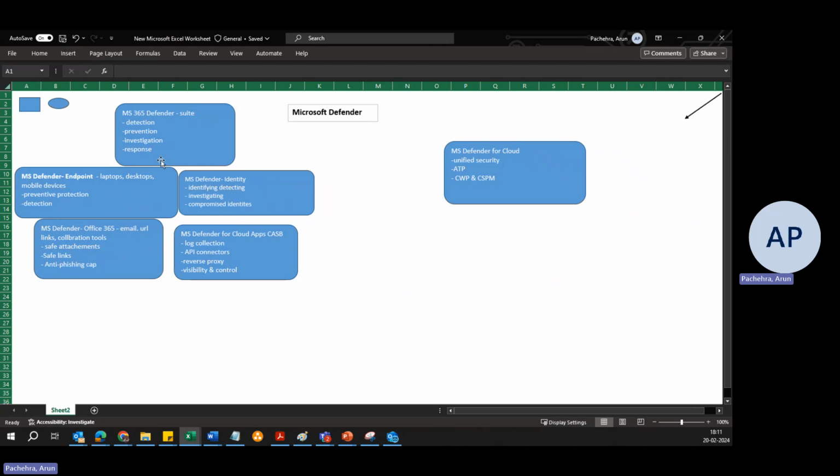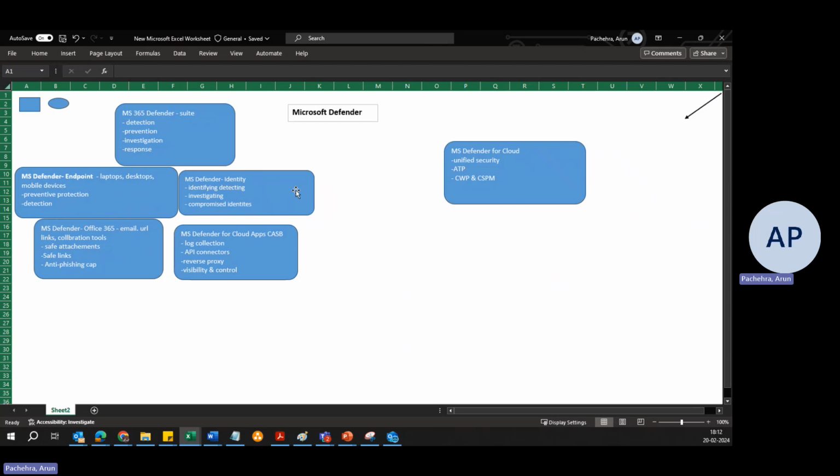So what are those? Defender for Endpoint offers protection for endpoints like devices. Defender for Office protects the organization against malicious threats posed by email, links, and collaboration tools. Defender for Identity utilizes your on-prem Active Directory signals to identify, detect, and investigate advanced threats, compromised identities, and malicious insider actions directed at the organization.